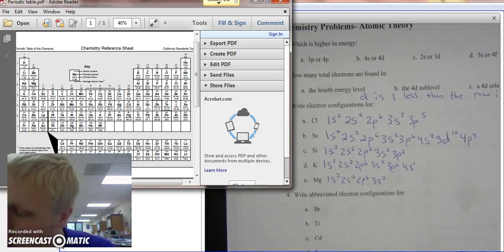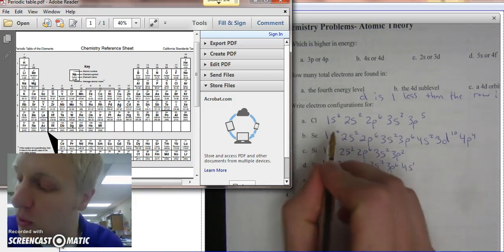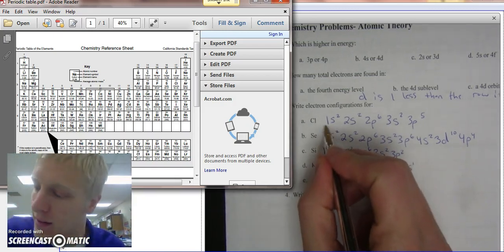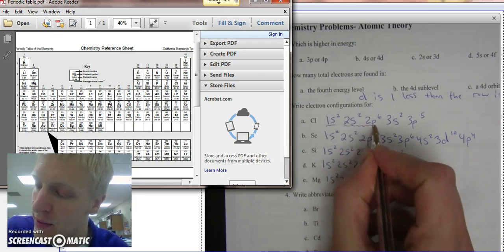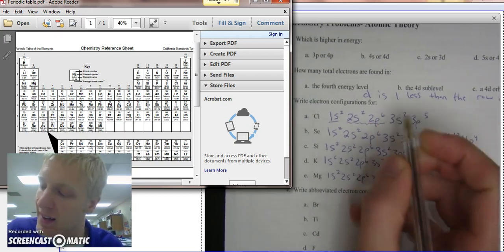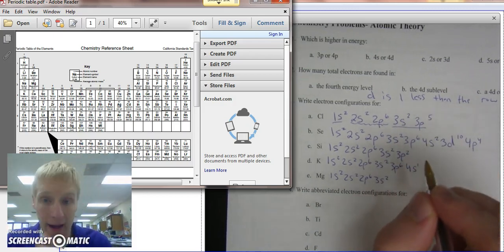Alright, I want to do one last thing, and that's counting how many valence electrons we have. So valence electrons are outer electrons. They're the electrons that are involved in bonding in chemical reactions. So we have in chlorine, first energy level. Here we have the second energy level, which includes 2s2, 2p6. And here we have the third energy level, which is 3s2 and 3p5.